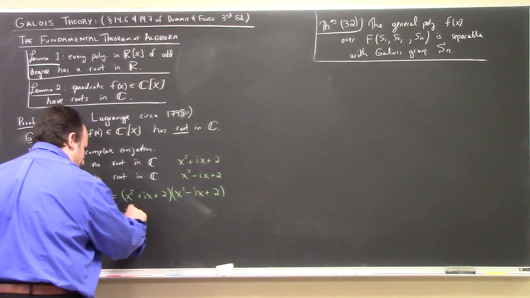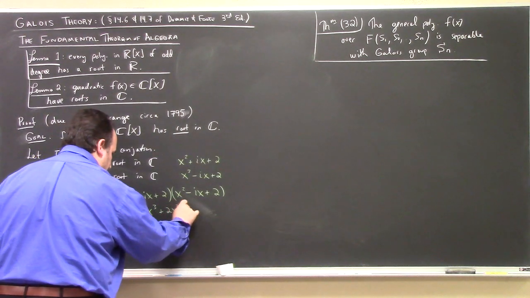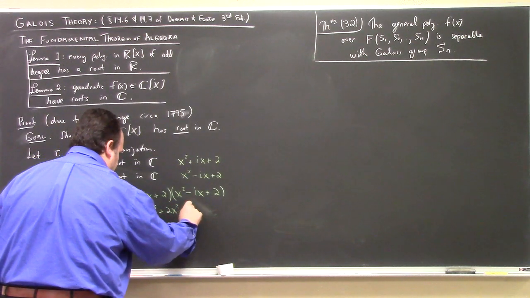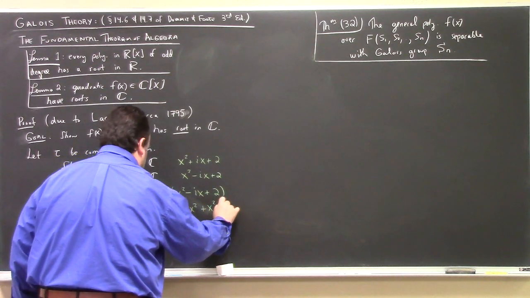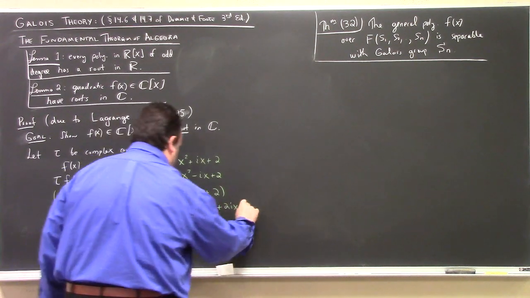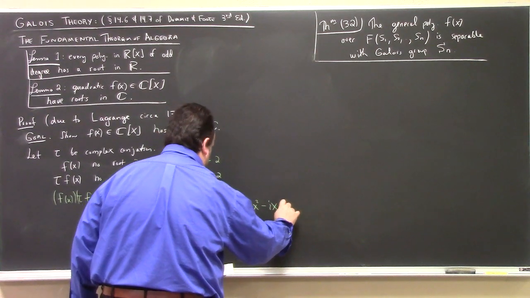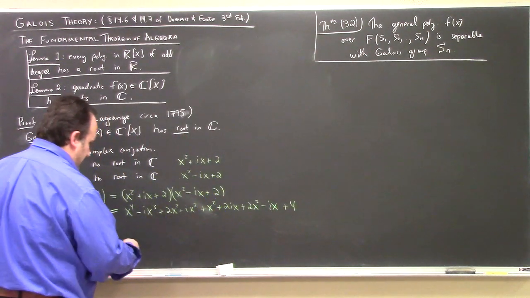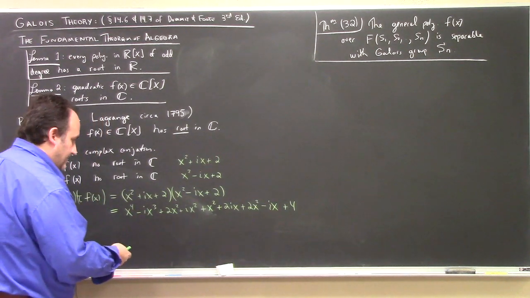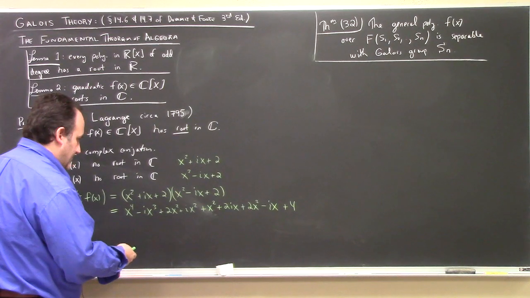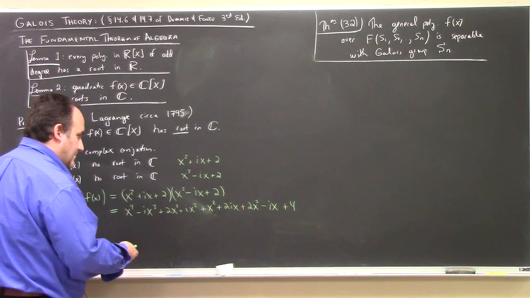You've got 9 terms: x to the 4th minus ix cubed plus 2x squared plus ix cubed plus x squared plus 2ix plus 2x squared minus 2ix plus 4. You don't have to write all this down. The point matters, but not the calculation so much. There should be two ix cubed terms, and they should take each other out.